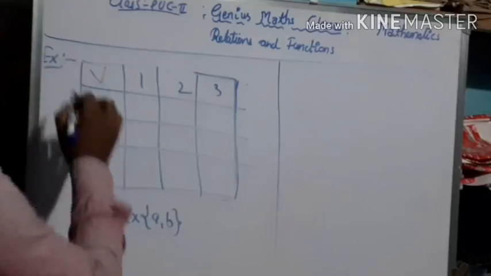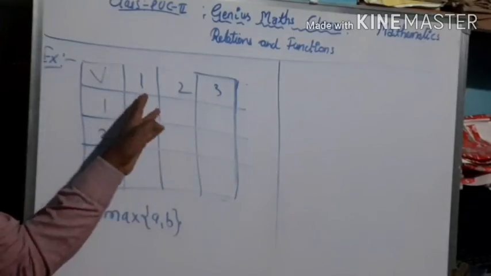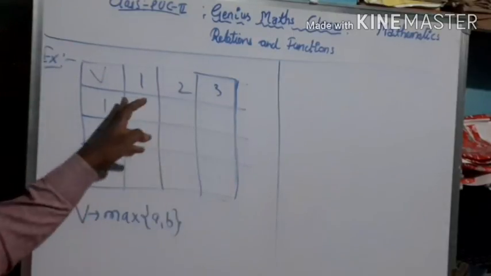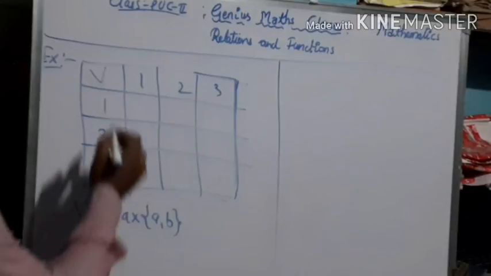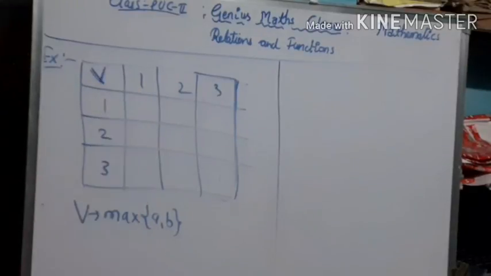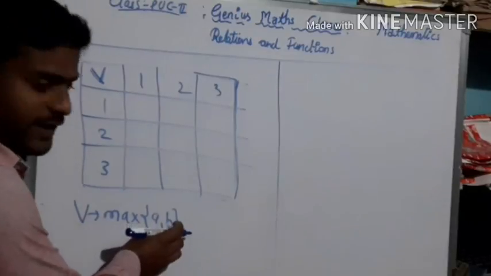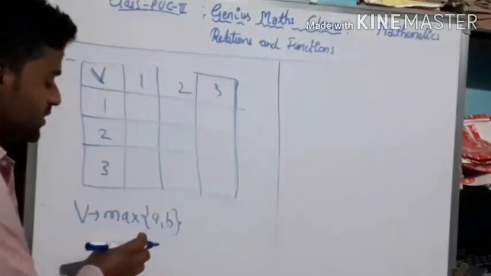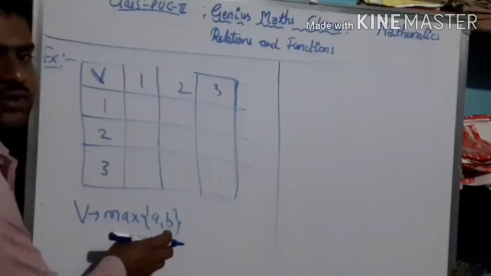So here we have to solve this. The set is {1, 2, 3}, and we are defining the operation V, which is nothing but the maximum of A and B. If you consider any two elements, the result is the maximum of these two numbers.